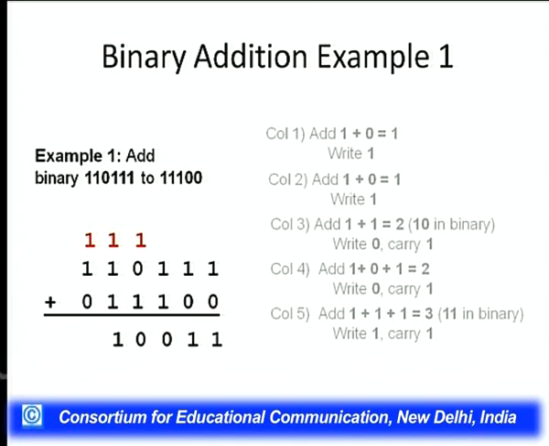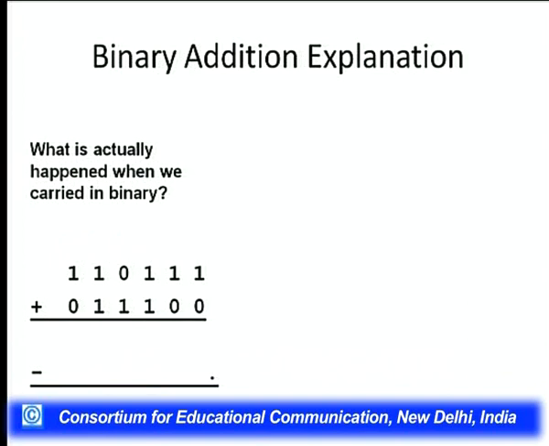Now you have 1 and 1 again, so the answer is 10, so you write 0 as the number and again you carry over 1. Now this 1 can be simply carried down and you can write 1 here. So this is the answer, this is how it is carried on.